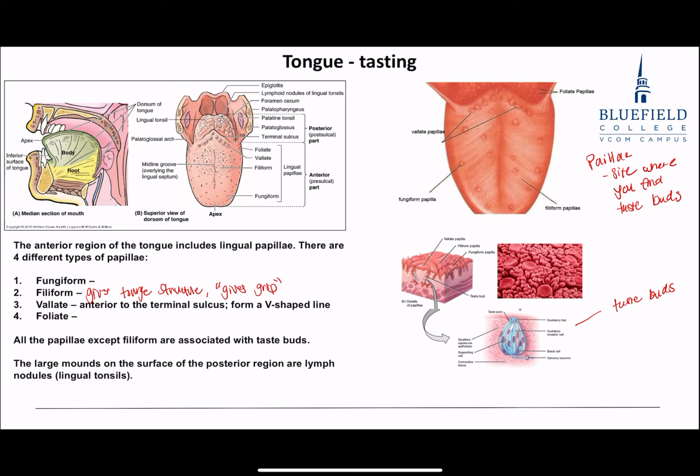They can get really big, they can interfere with breathing, they can interfere with swallowing, and sometimes it's an operation that's much less common now than it used to be in the past. I have another slide where we'll talk about the rest of the ring of lymphatic tissue, but we'll get to that in a minute.